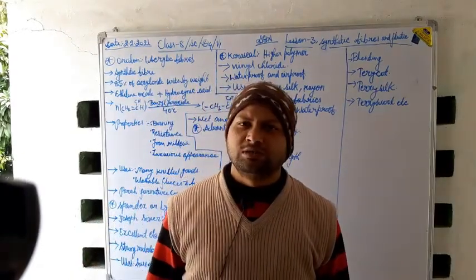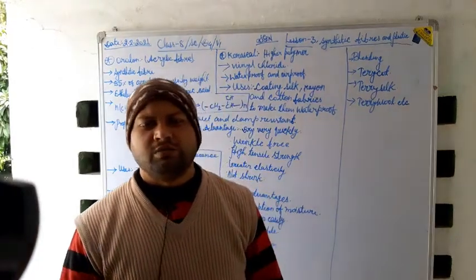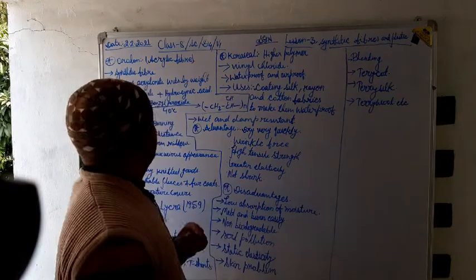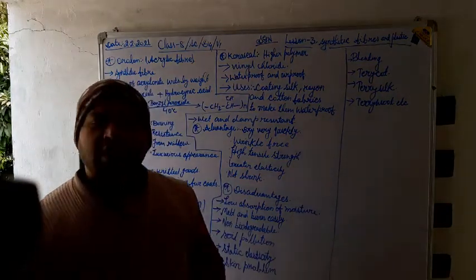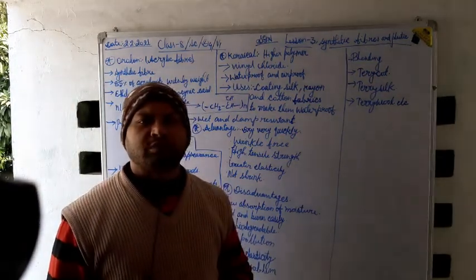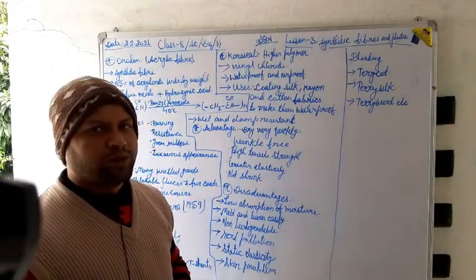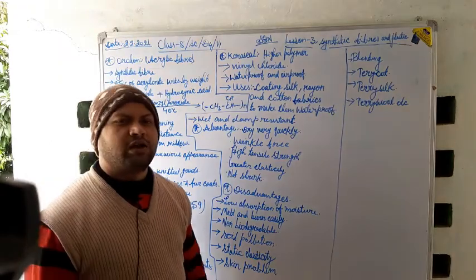Now let us start the discussions. Today I am here to discuss an important topic, which is acrylic fibers. Such types of fibers are very important in our day-to-day life.